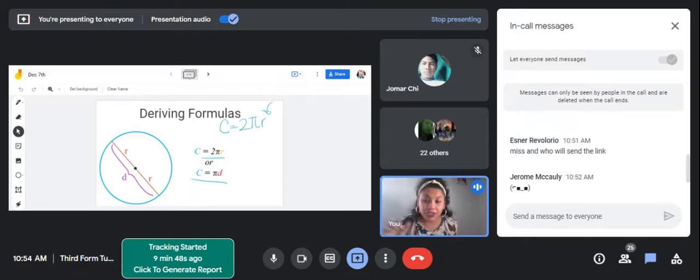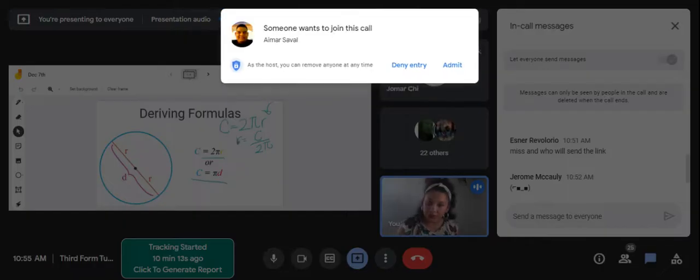In this case, I need to remove the 2 pi, and when we come back after your vacation and we do algebra, this is something that you will need to know how to do. So if I want to make the radius the subject of my formula, my formula changes so that r is the subject because I need to leave radius by itself.